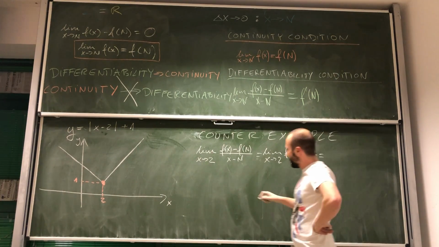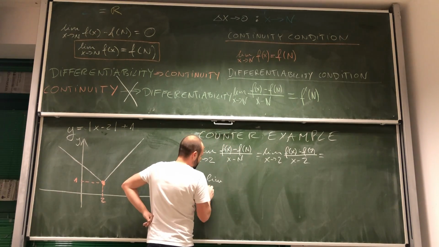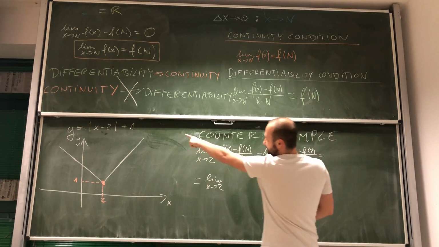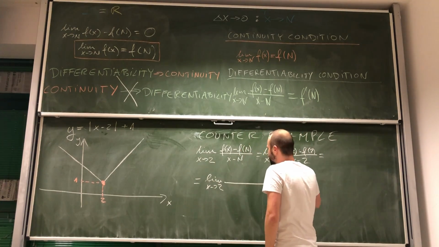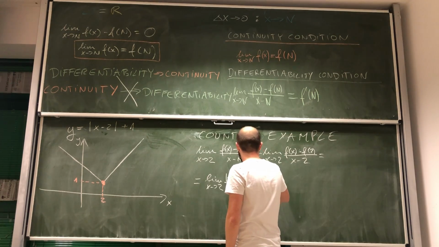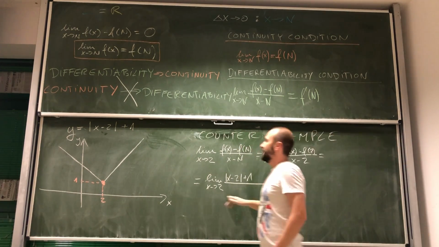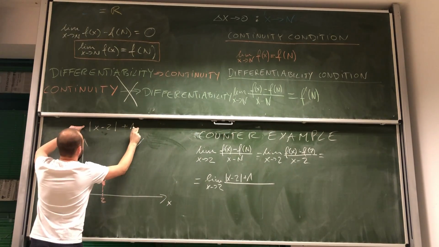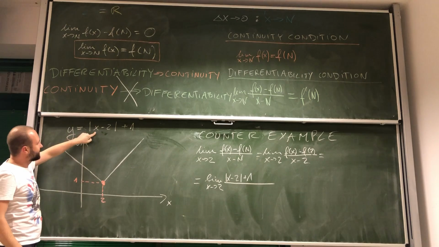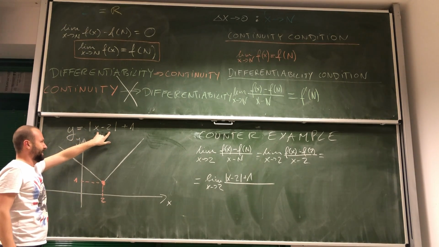Okay, so what am I getting over here? I still need to write the limit with x approaching 2. And now, f of x is this function that we have over here, right? Absolute value of x minus 2 plus 1. Now, f of 2 is the outcome of putting 2 instead of x. If I put 2 instead of x, I'm getting 0, right?